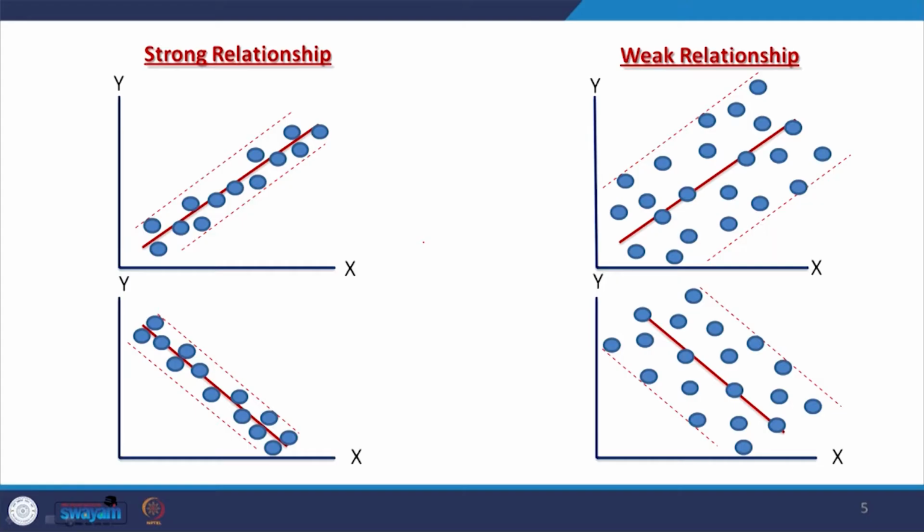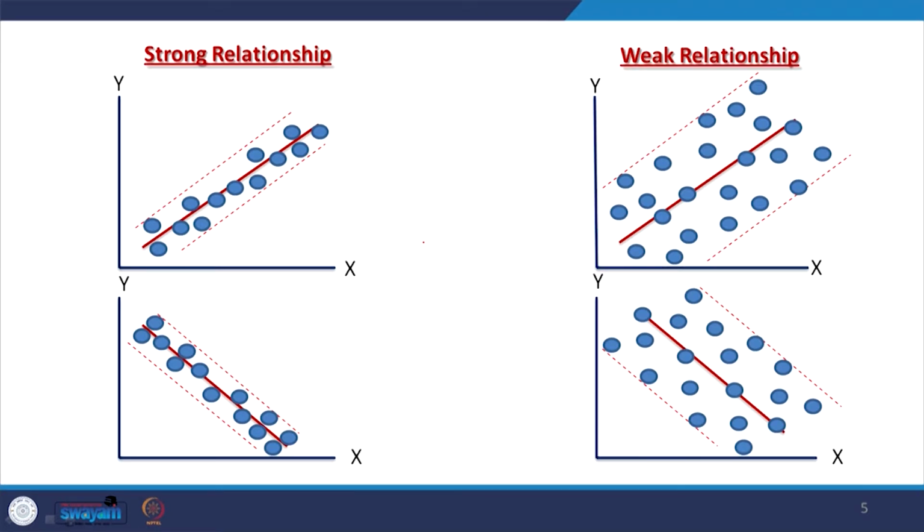Now, to simplify further the relationship between two variables, on the left hand side again, the data is confined within certain limits, okay, the upper and lower limit highlighted by the red lines. So, we say they have a strong relationship.